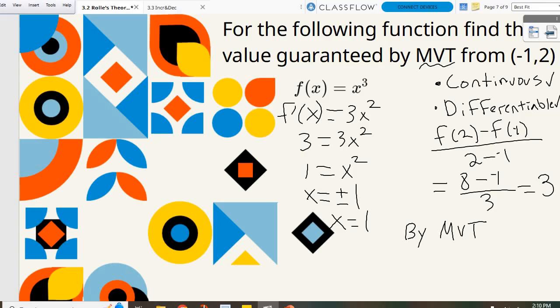We would say our context, remember, was C equals 1. That gives us f prime of x equals what?